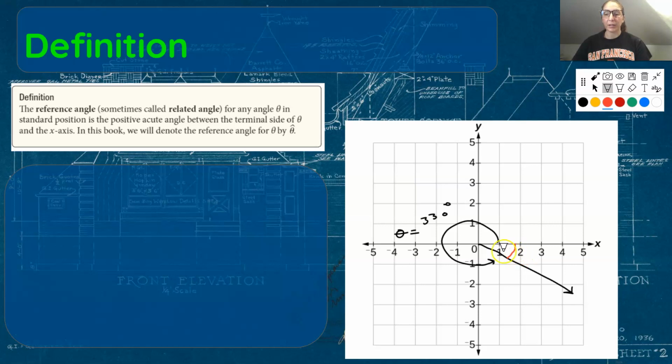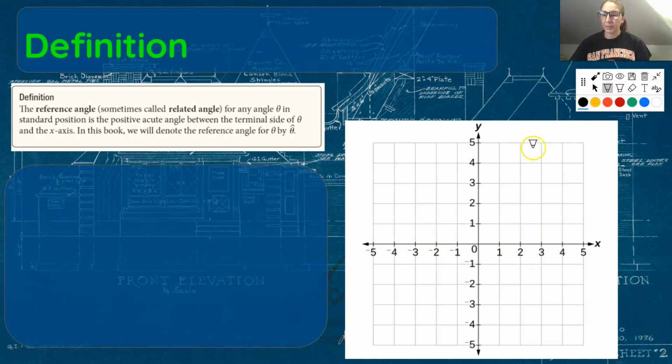So always, always, always, it's between the x-axis and the terminal side. So wherever your angle ended up, the angle that's formed between the terminal side and the x-axis. So if this angle was 330, all the way around is 360. That means that my reference angle must be 30 degrees.